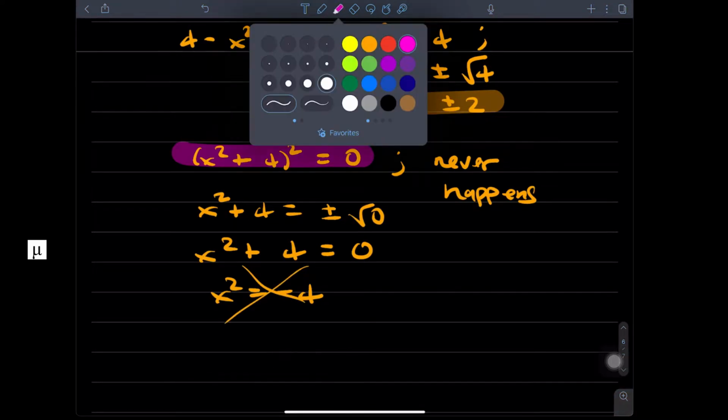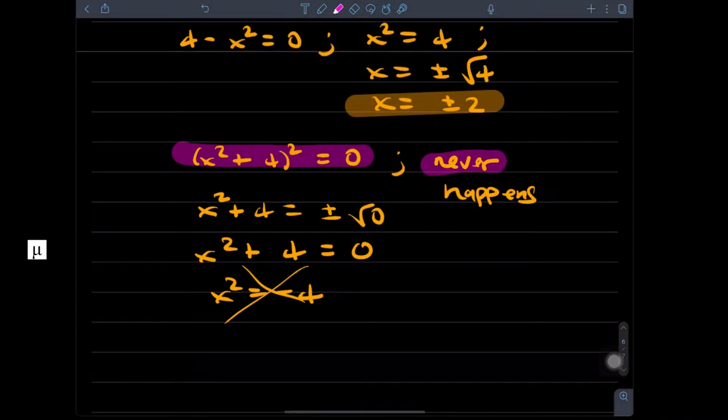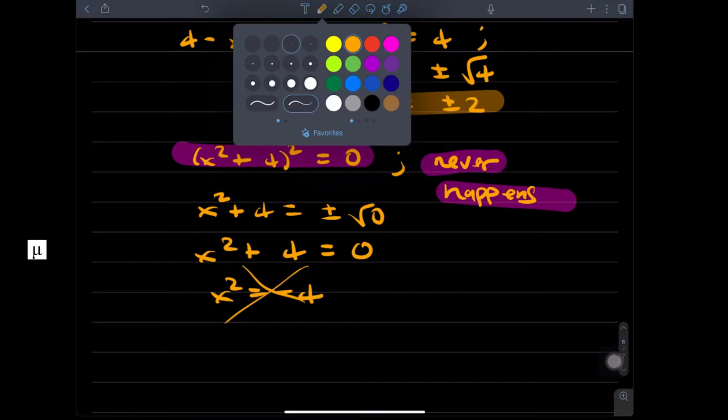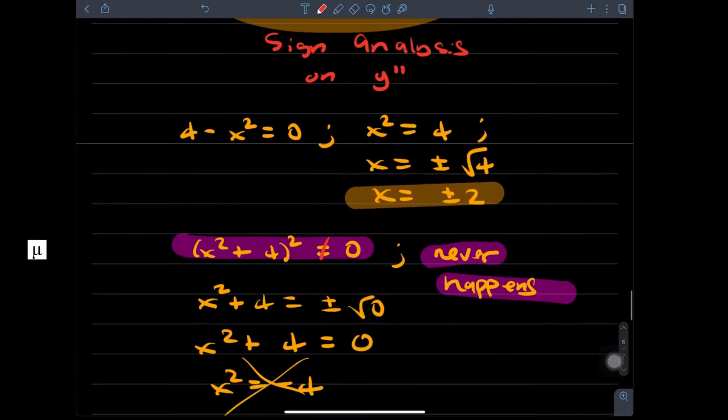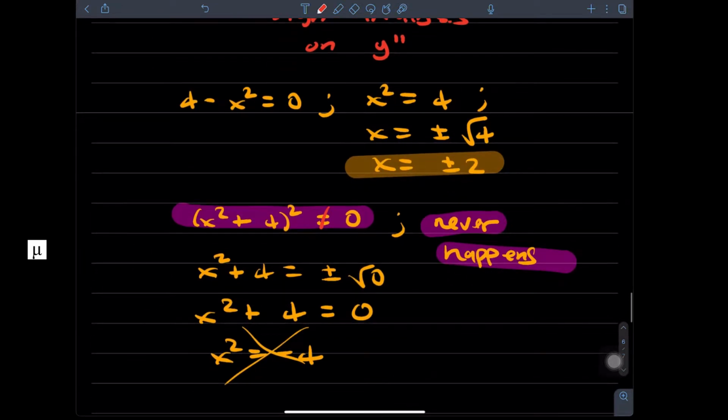So again, the denominator, we say this never happens. So this does not contribute to sign analysis. We only have the values negative 2 and positive 2. The denominator just isn't ever going to be 0, because if you try to solve that, you get imaginary solutions, and we're looking for real number solutions.